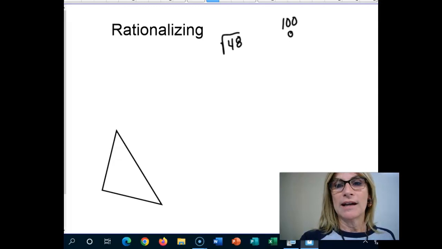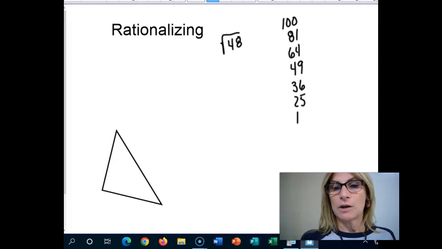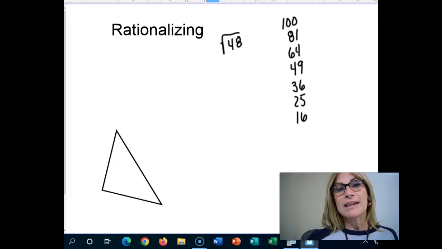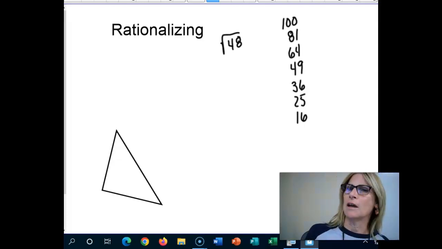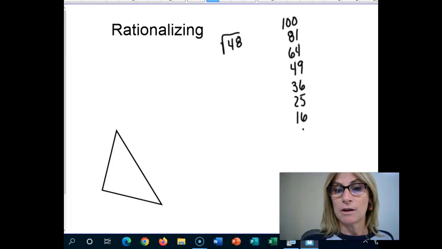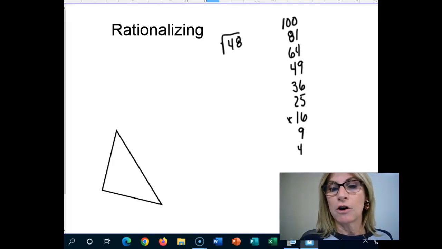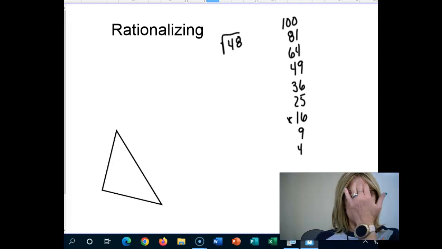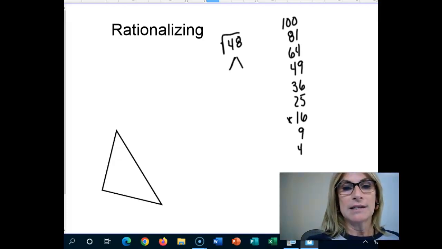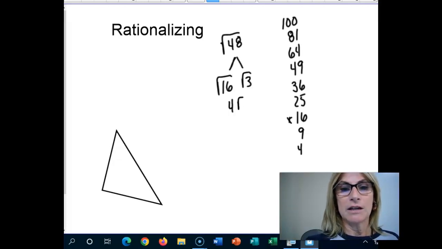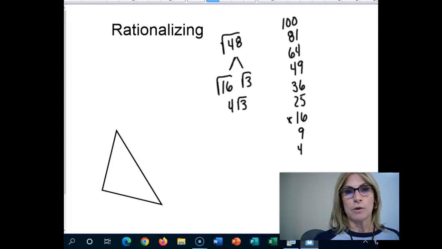No. 9 squared, divisible by 81? No. 8 squared, divisible by 64? No. 7 squared, 6 squared, 5 squared, 4 squared. It is divisible by 16, and you may be thinking, well, it's also divisible by 4, but you pick the largest perfect square that goes into your number. So 48 breaks down as 16 times 3, which will give us 4 root 3.